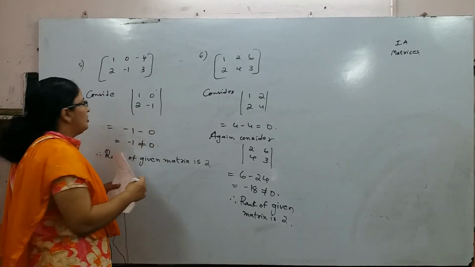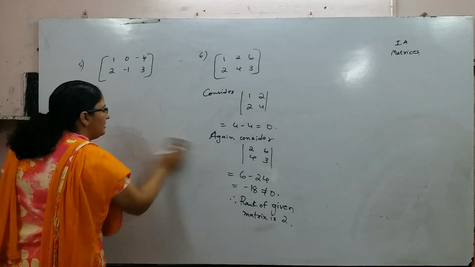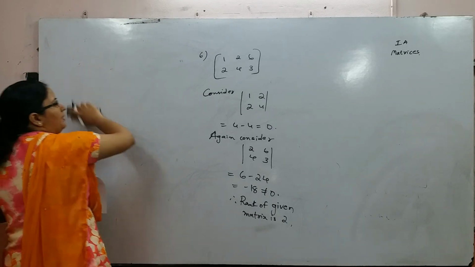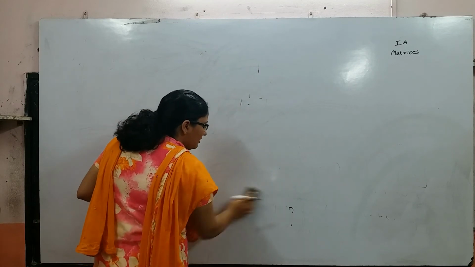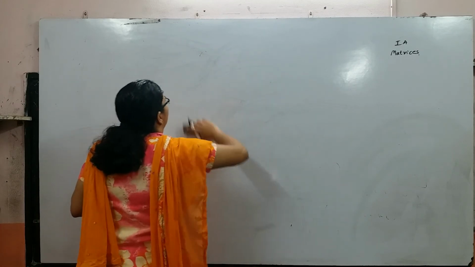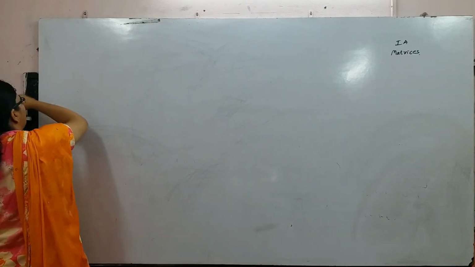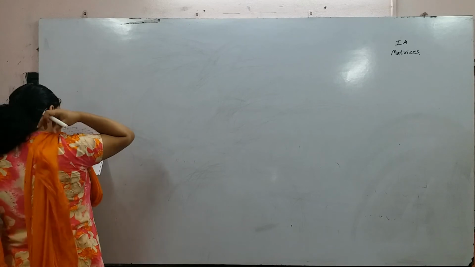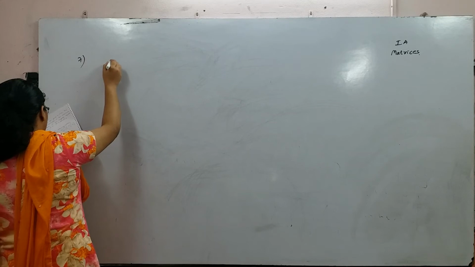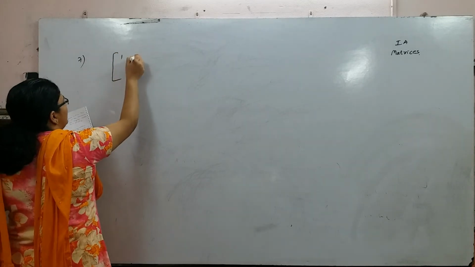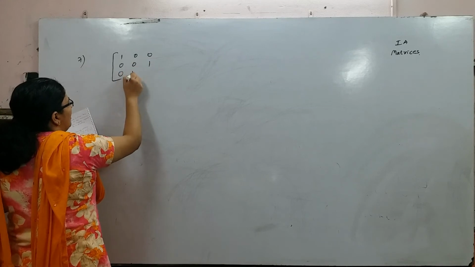Let us discuss some more problems based on rank. Seventh problem, 1 0 0 0 0 1 0 1 0.